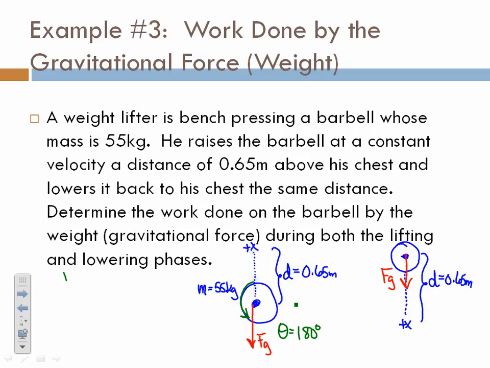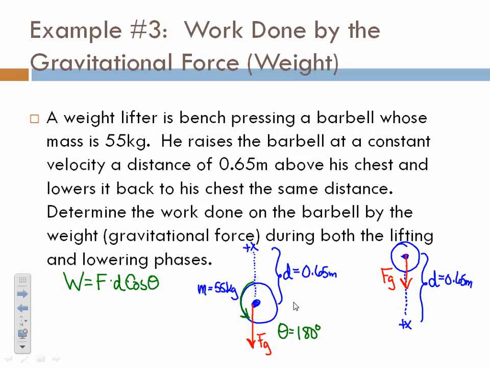So when I go to calculate the work done during the lifting phase, I have my force times my distance times the cosine of my angle. What's the force that we're talking about? We're talking about the gravitational force.